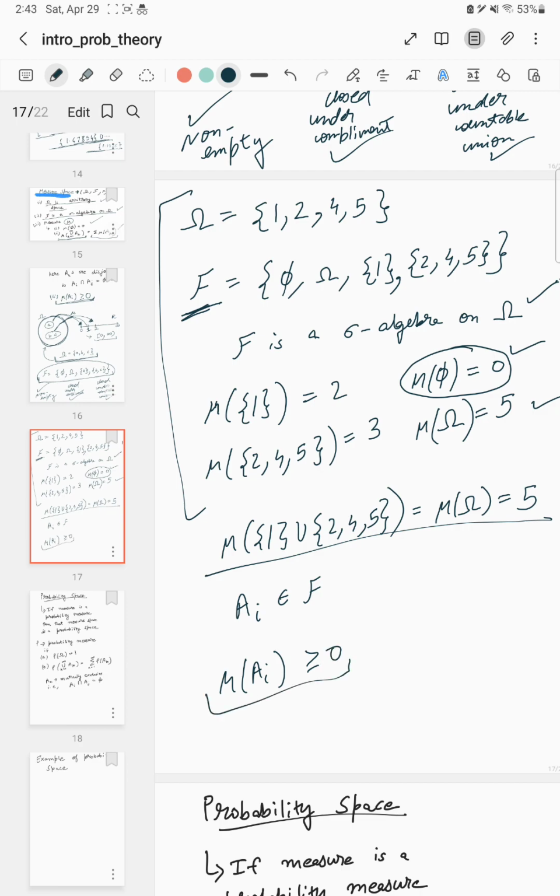So if you can see, F is this one. So mu of phi is 0, mu of omega is 5, mu of {1} is 2, mu of {2, 4, 5} is 3.